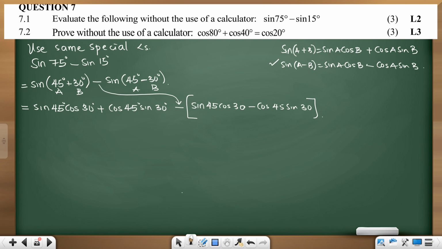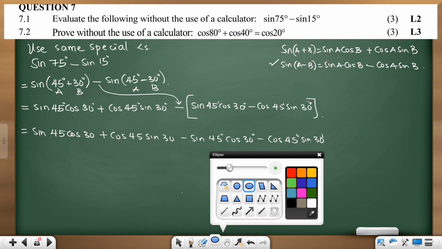All of these are special angles. If I expand, you shouldn't wait for me. Sine 45 cos 30 plus cos 45 sine 30. Open up the bracket. Minus sine 45 cos 30 minus cos 45 sine 30 degrees.